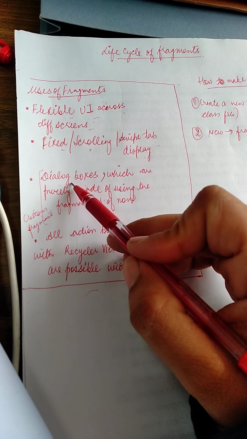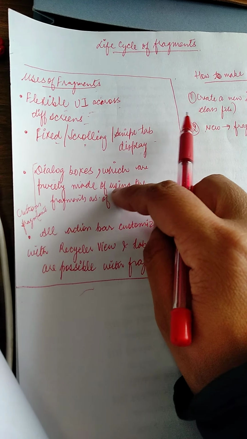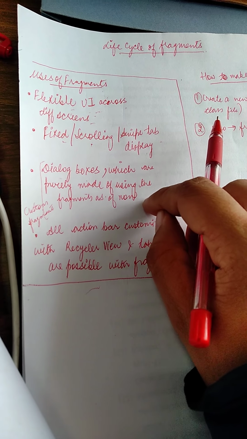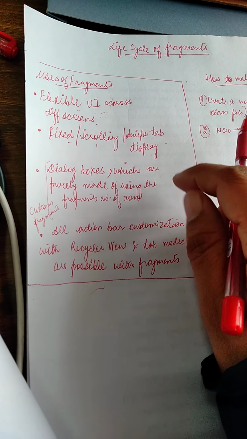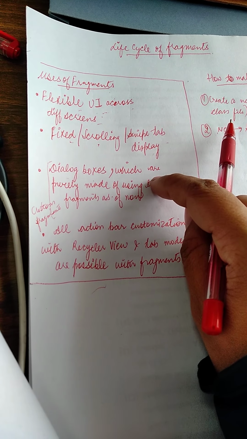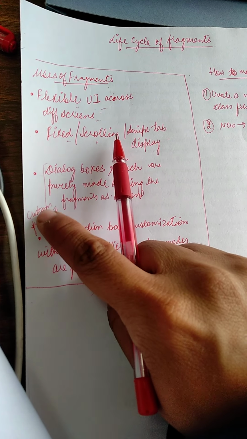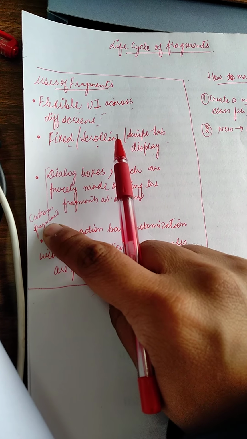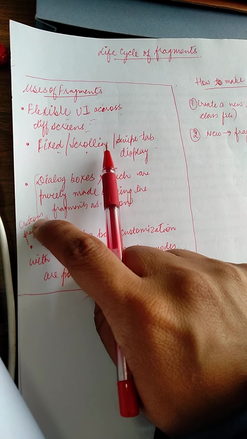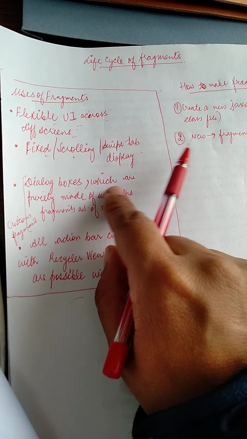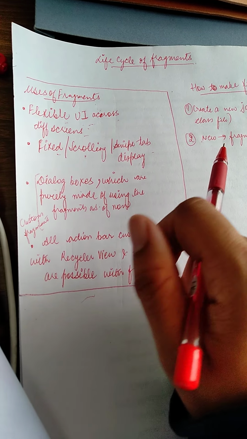Dialog box means when you click or tap, it shows you a small box where it shows you exit or cancel, right? We have default dialog boxes and custom ones also. If you want to customize it, we build it as a custom fragment. By using fragments we customize the dialog box, which is purely made using fragments.